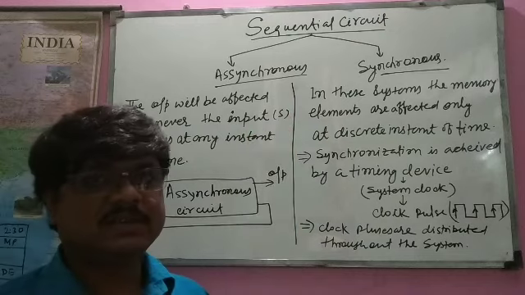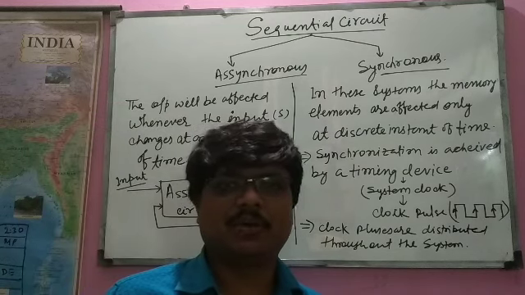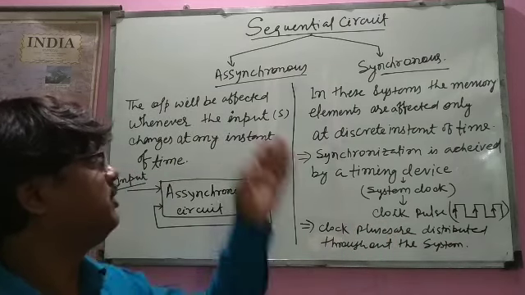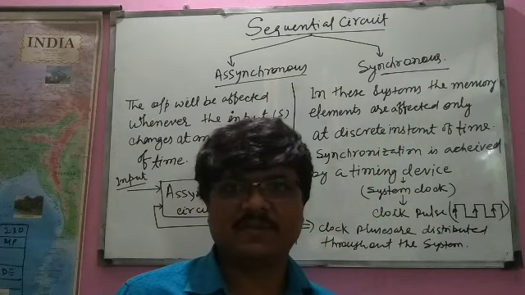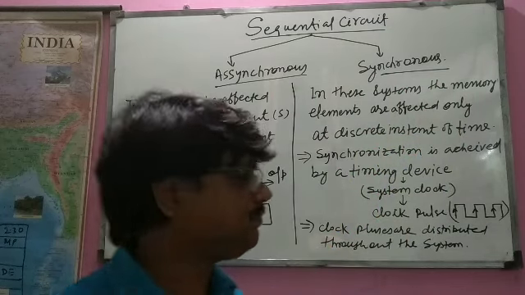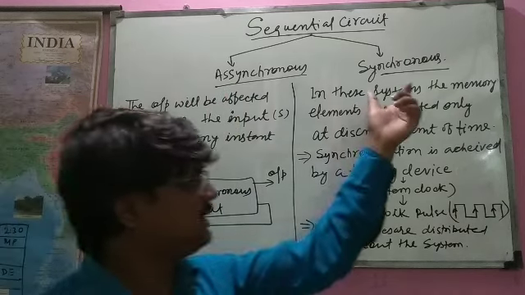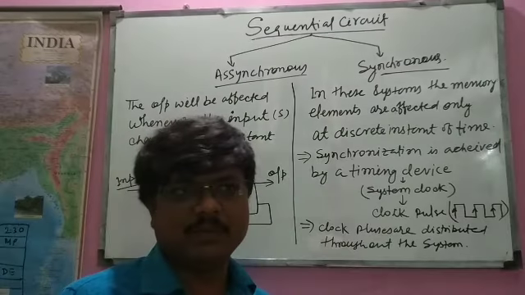These sequential circuits are mainly categorized into two parts: asynchronous sequential circuit and synchronous sequential circuit. So what is an asynchronous sequential circuit and what is a synchronous sequential circuit? We will see one by one.